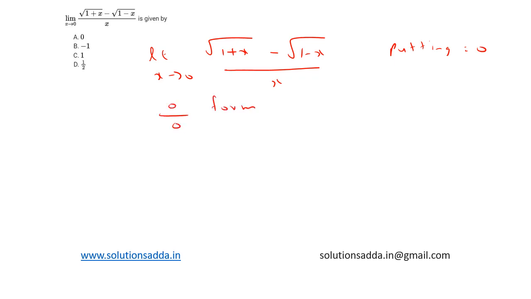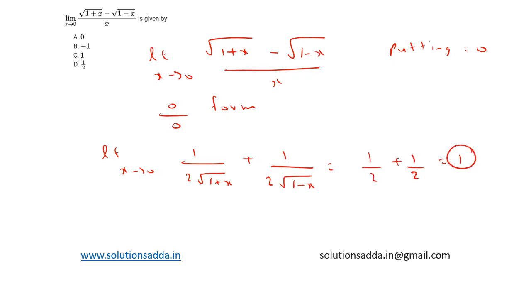Then applying L'Hospital's rule, that is differentiating numerator and denominator separately, we will get limit x tends to 0, 1 by 2 into root of 1 plus x plus 1 by 2 into root of 1 minus x. Now applying x as 0, we will get 1 by 2 plus 1 by 2, which is equal to 1. So the correct answer here is option C, 1.